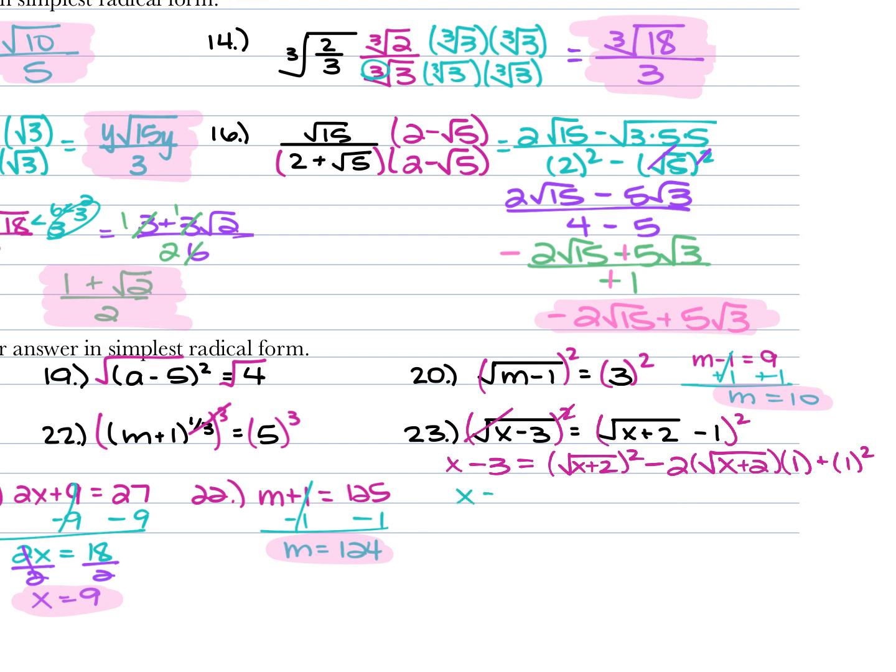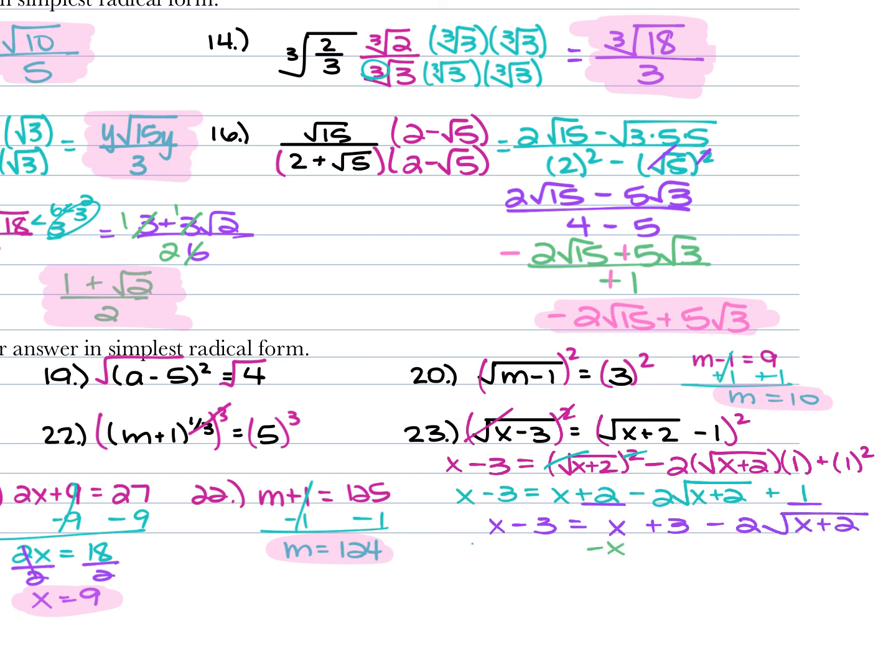This then leaves you with x minus 3 is equal to x plus 2 minus 2 times the square root of x plus 2 plus 1. Combine your like terms with the 2 and the 1. That's x minus 3 is equal to x plus 3 minus 2 square root x plus 2.